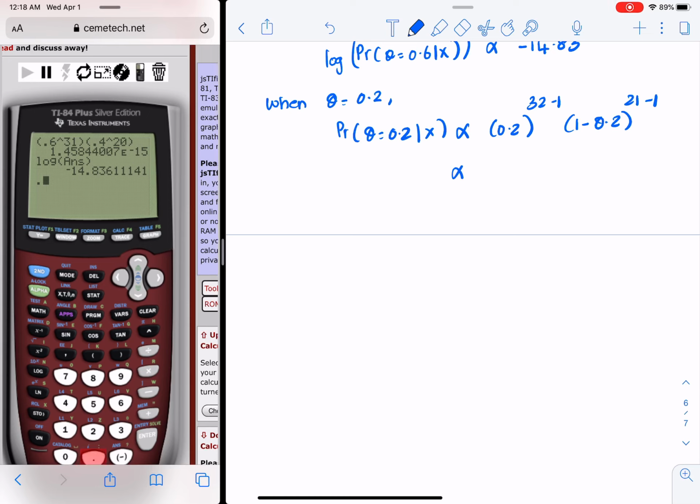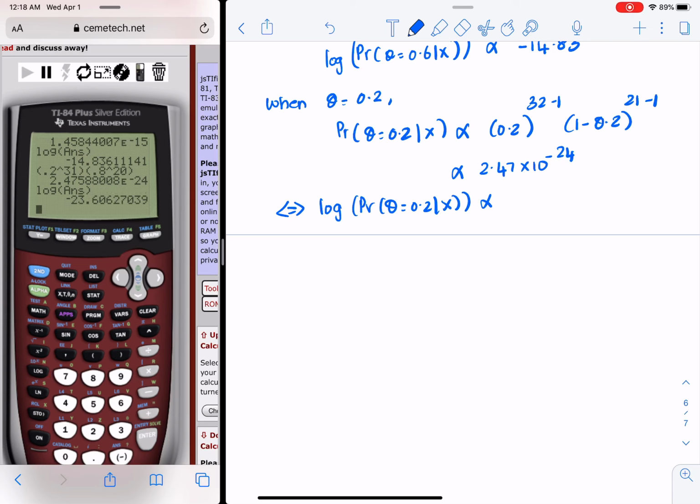So 0.2 raised 31 times 0.8 raised 20. That gives us 2.47 times 10 raised negative 4, and in the log scale, log of probability of theta equals 0.2, given x is the log of the answer. And that is negative 23.61.